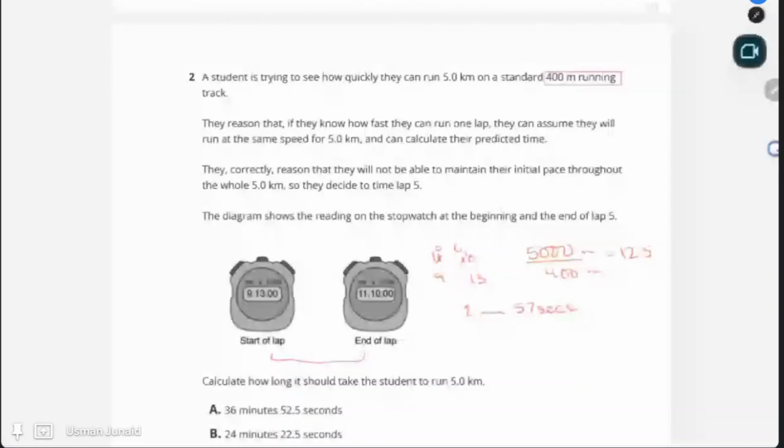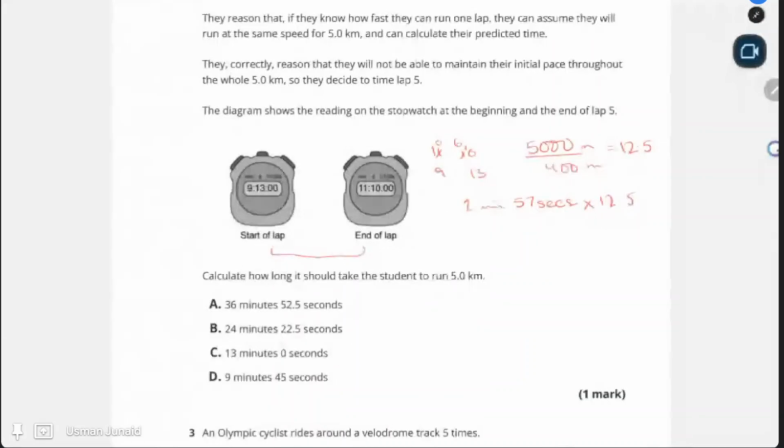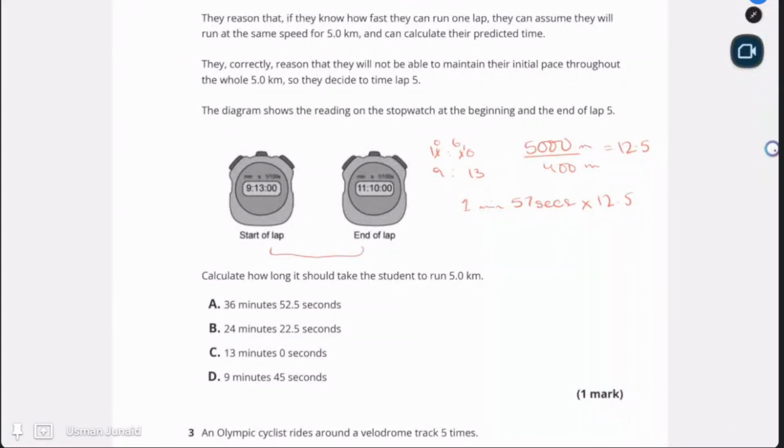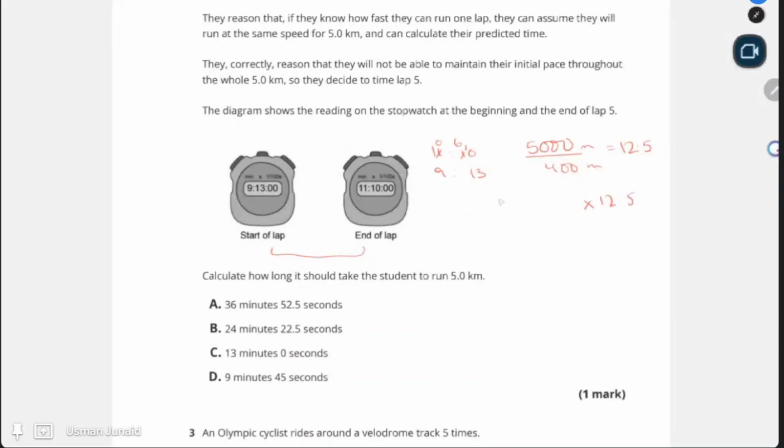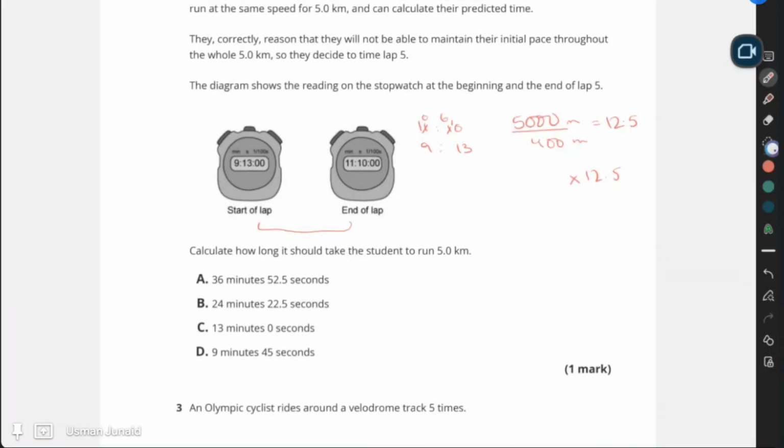If they multiply this by 12.5, how much would that be? I'd rather just make this into seconds, which would be how many? 117 seconds. Yeah.